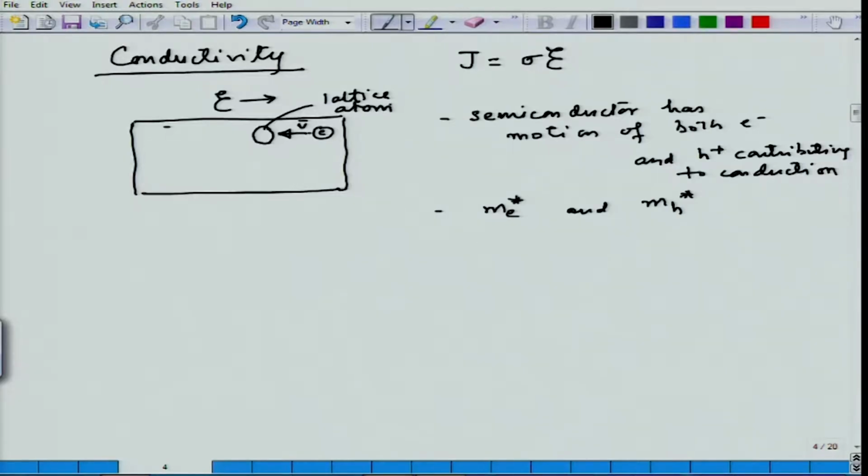In the process, it will transfer its energy to the lattice atom, and then it would come out of this collision with the thermal energy of the electron, and then again in this direction it gets accelerated, again having an average velocity v for the whole collective ensemble of electrons in the material.